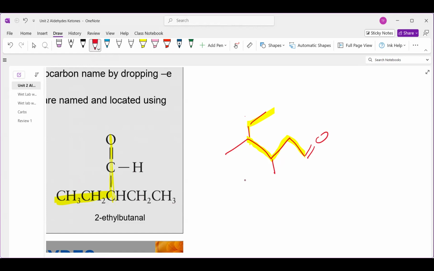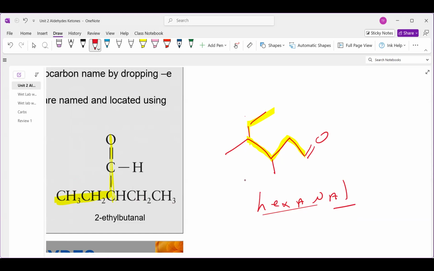So this is going to be a hexa now. Where the A denotes an aldehyde. And do we have branches?